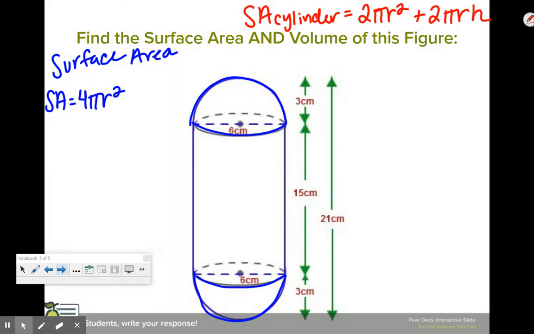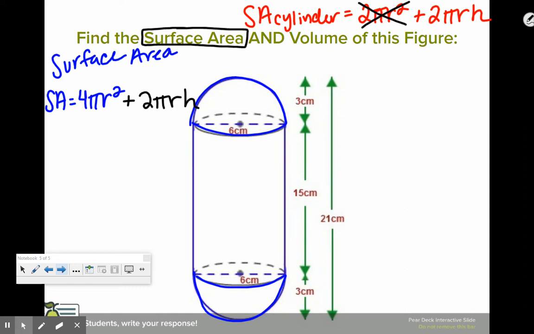We do not need to include the top and the bottom of our cylinder because those are not on the outside of our figure. Surface area only deals with the outside portion of a figure, not what's on the inside. And those circles would technically be on the inside because they're covered by the hemispheres. So I only need 2 pi r h.